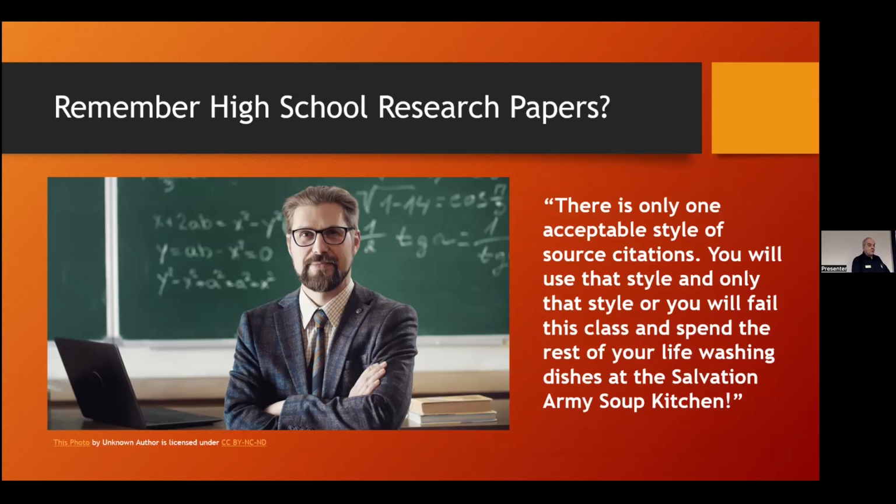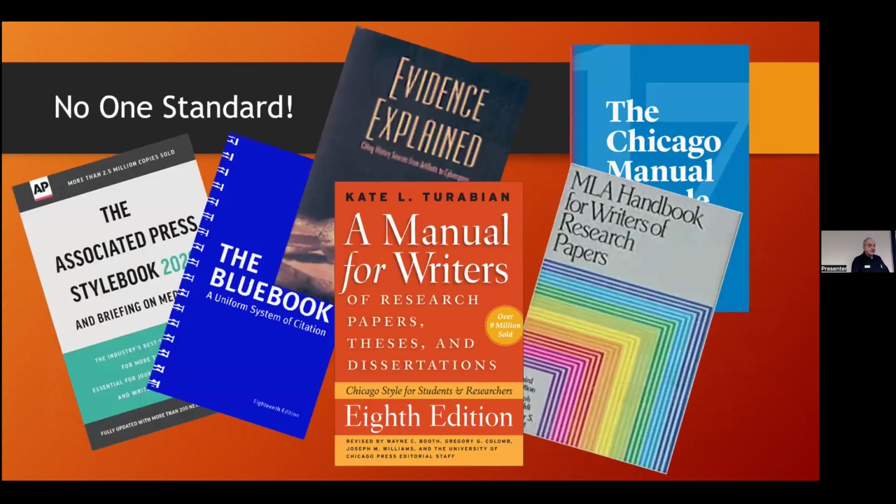There is no one acceptable source for citations. There's all of these. And it depends on what type of document you're doing as to what standard you can use. Now, most of these are for really accessible stuff.